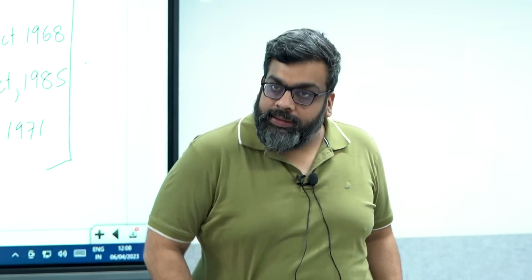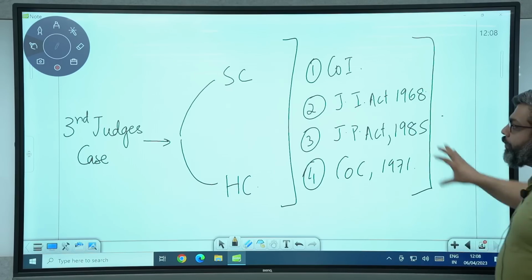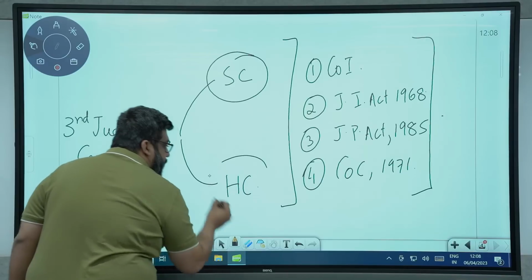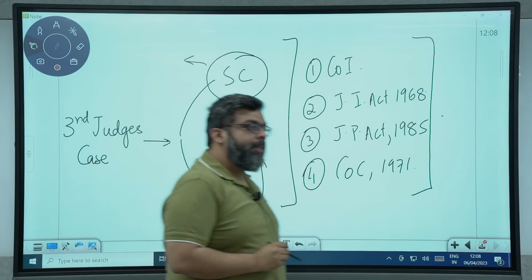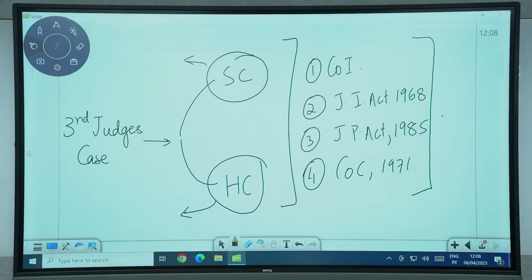There are 4 laws which are common to both the Supreme Court and the High Court. Some specific special laws only for the Supreme Court and only for the High Court. There are two specific separate laws for the Supreme Court. A law that governs the conditions of service of Supreme Court judges and a law that governs the number of judges, right?